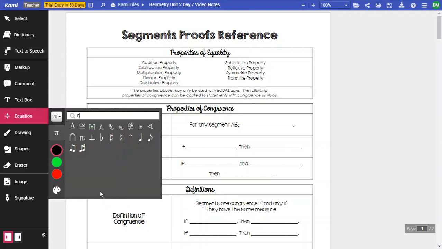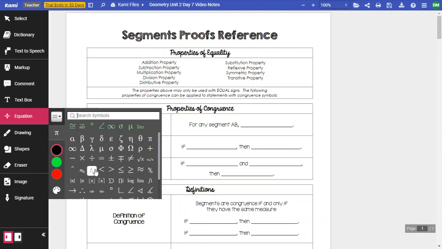So I'm just going to type CON, and I've got a congruent and a not congruent right here. I'm just going to use the congruent right now. So now I've got those tools kind of ready to go in my toolbox. And anytime you want some kind of symbol, just type the first few letters of what you want, like DEG for degree or ANG for angle. INF if you need to use infinity for some reason, then it'll pop up and you can put it in your quick list right up here.